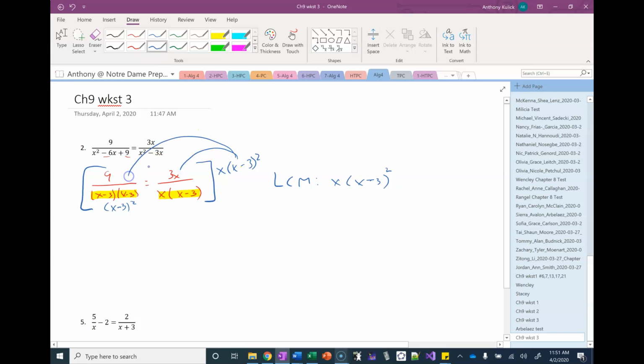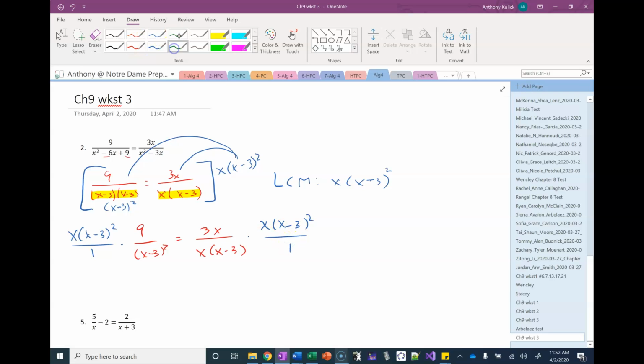So distribute it to both. When I do that, I have x times x minus 3 squared over 1 times 9 over x minus 3 squared equals 3x over x times x minus 3 times x minus 3 squared over 1.